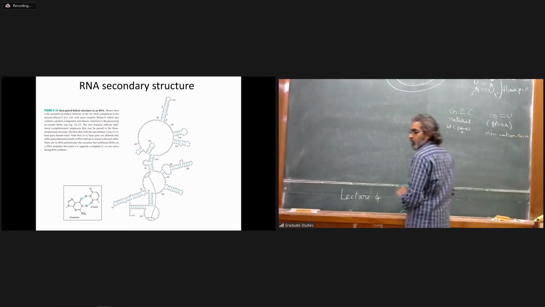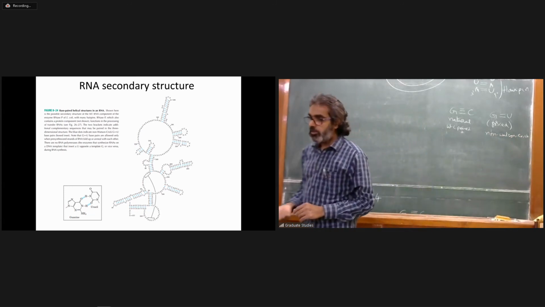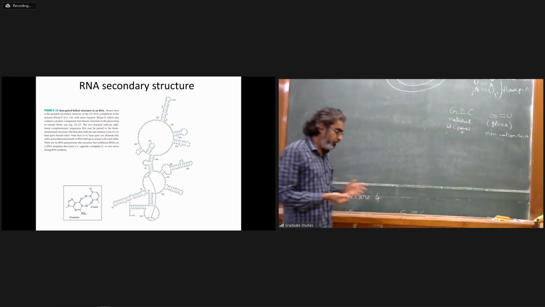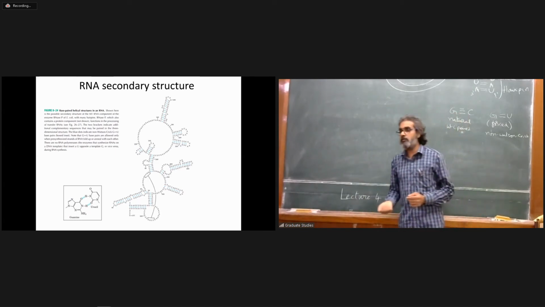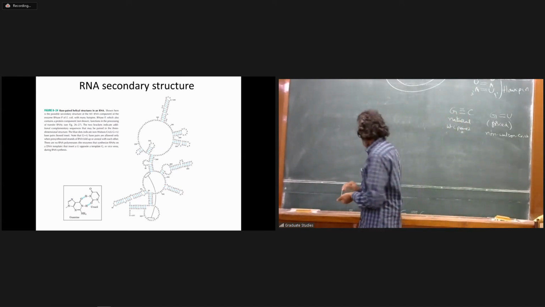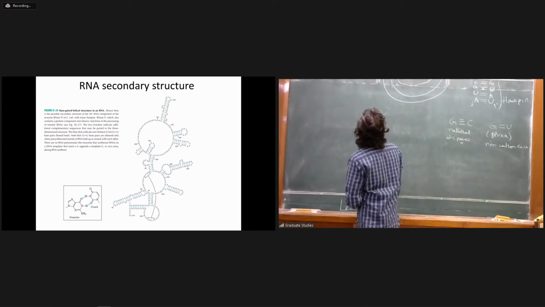Because of this nature, even today RNA structure is a big field by itself, because it's not very easy to predict the RNA structure. So that's mRNA.